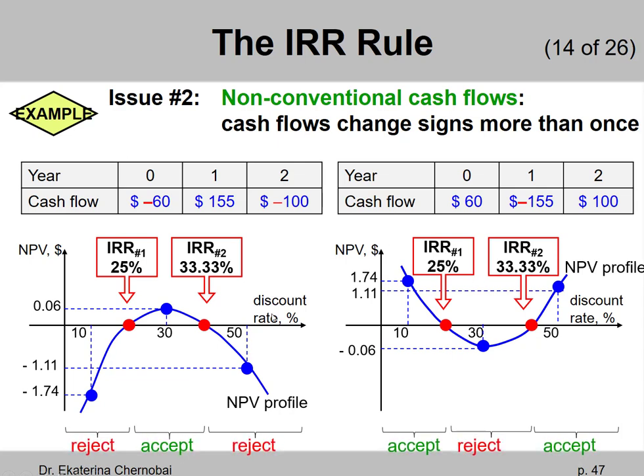So these two examples side by side illustrate this second issue with the internal rate of return approach. When we have something strange or non-conventional going on, like cash flows changing signs more than once, then we're going to get multiple IRRs, and the traditional IRR rule stops working. In both of these little examples, if you try to use the financial calculator, it will only give you the first one of the two IRRs.